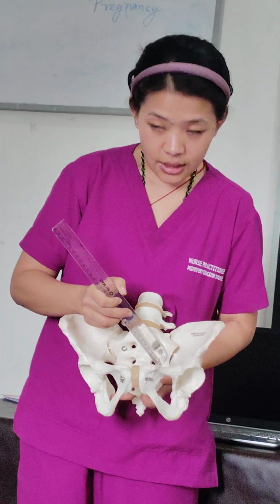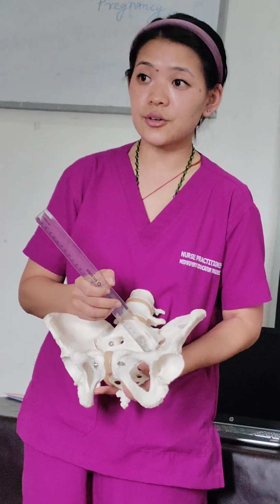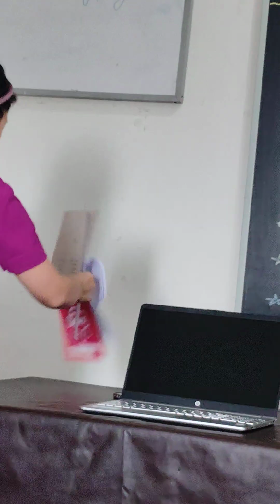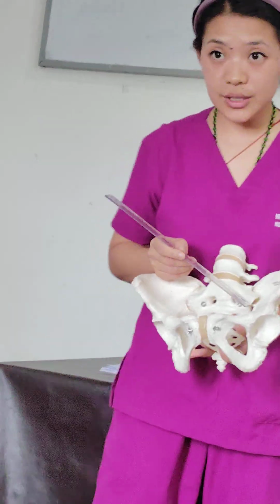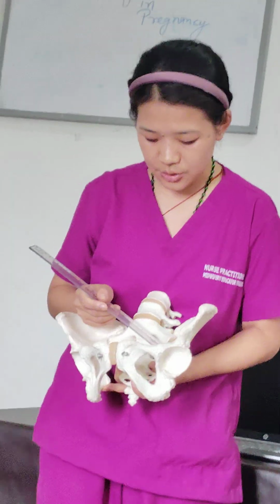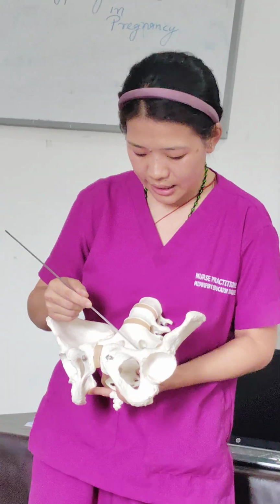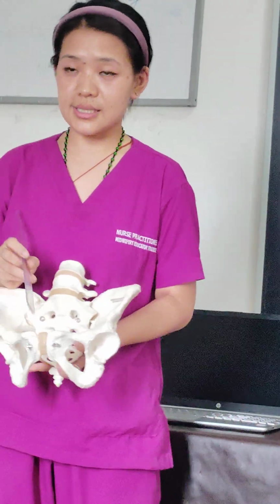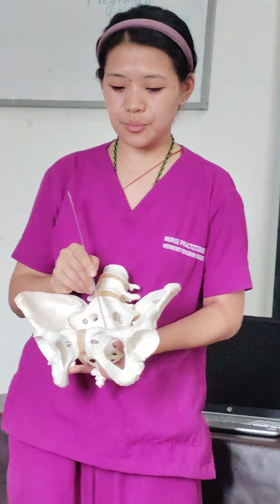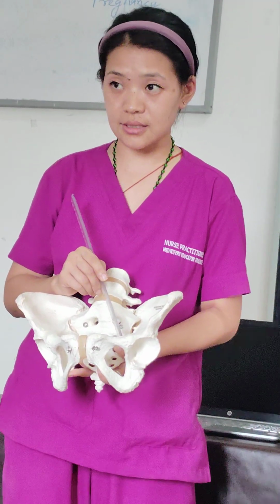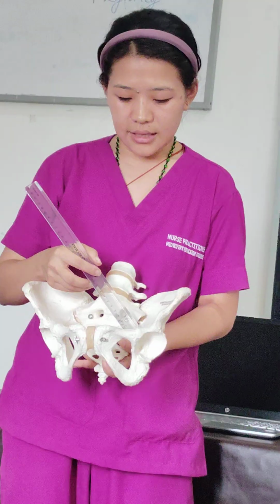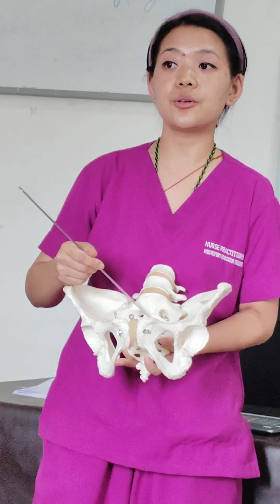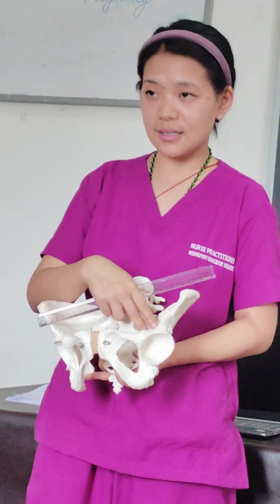Then comes the sacroiliac articulation, ala of sacrum and sacral promontory. So altogether we have 9 landmarks: symphysis pubis, pubic crest, pubic tubercles, pectineal line, iliopectineal eminence, iliopectineal line, sacroiliac articulation, ala of sacrum and sacral promontory. So there are 9 landmarks.